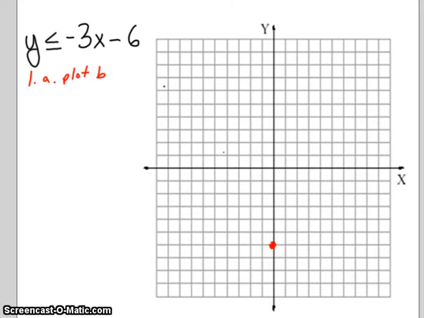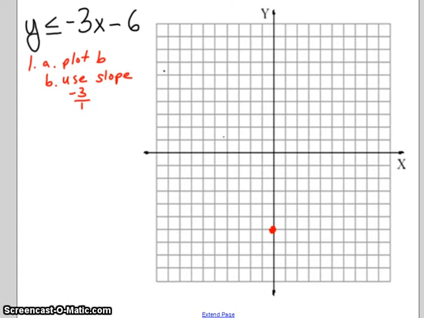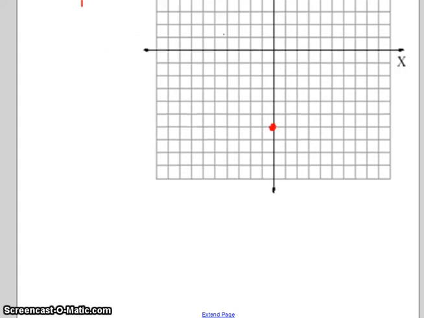Plot my first point. Okay, then we're going to use the slope. In this case, the slope is -3/1, so we're going to go down 3 over 1 to the right from our y-intercept.